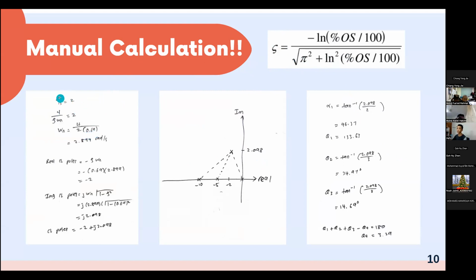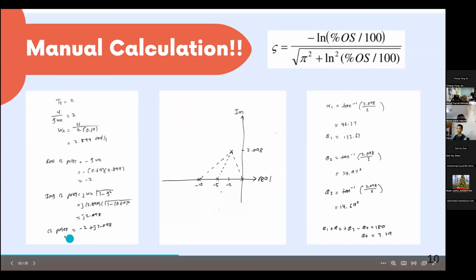And by using this equation, Ts equals 4 over zeta omega n, we can find the omega n, which is this. And by using this value, we can then find the dominant closed loop pole, which is -2 plus j 2.098.